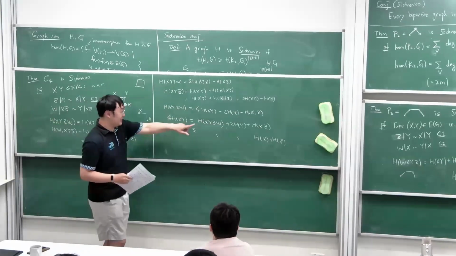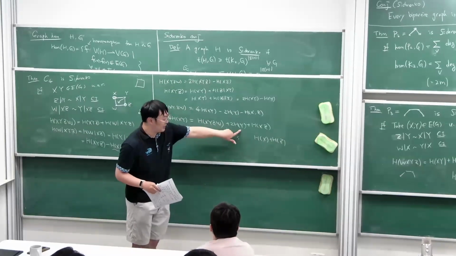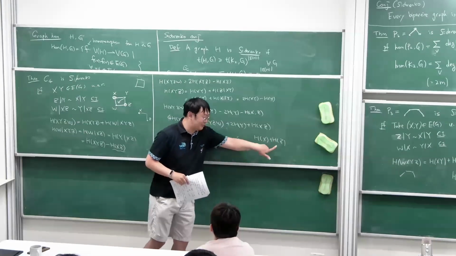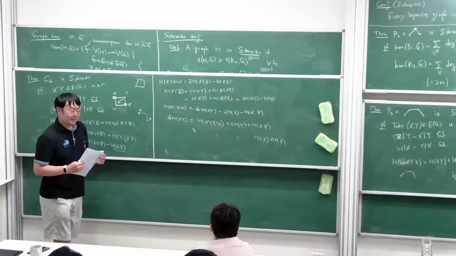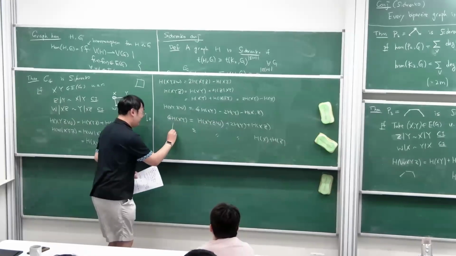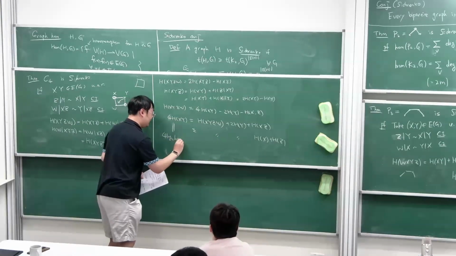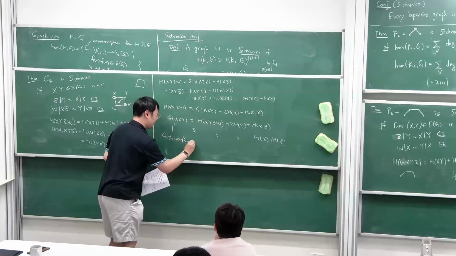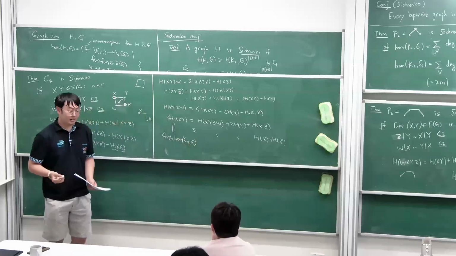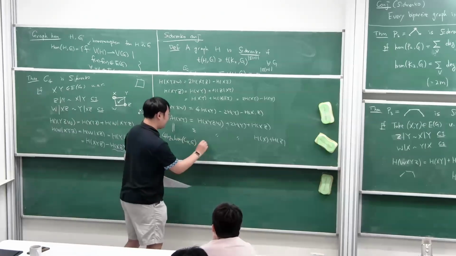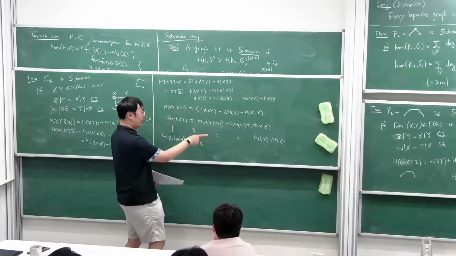And we know this is a C4, this is 2 vertices. These are vertex and vertex. So the left-hand side is 4 log of C4 in G. And the right-hand side is this one.